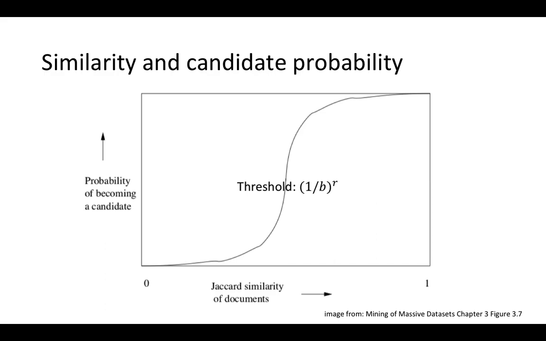It is a function of B and R. The threshold is roughly where the rise is steepest, and for large B and R, we find that pairs with similarity above the threshold are very likely to become candidates, while those below the threshold are unlikely to become candidates, exactly the situation we want.